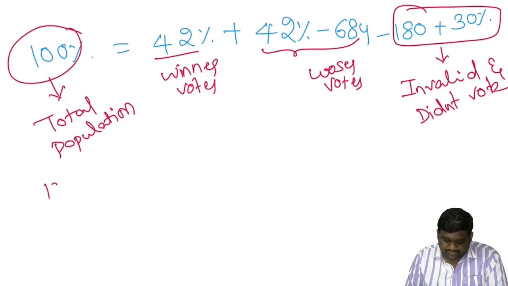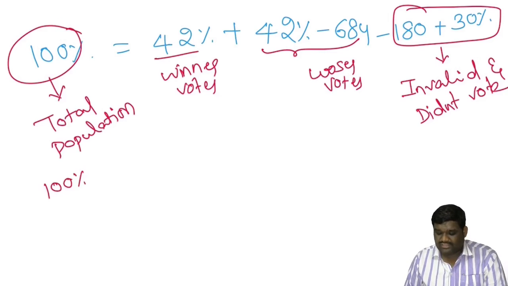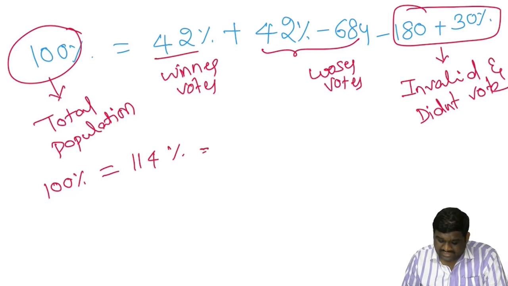Now this 100% is equal to 42 plus 42, 84. 84 plus 30 is 114, minus 684 plus 180, which is nothing but 864.